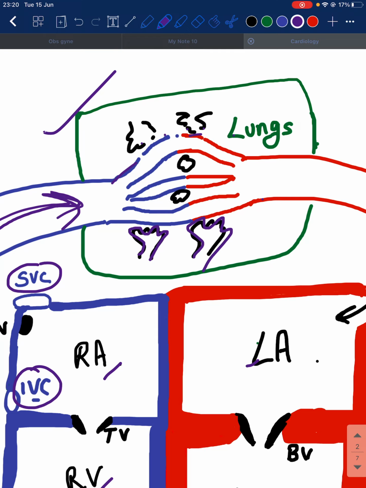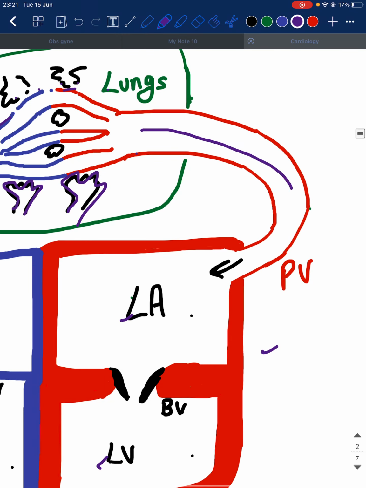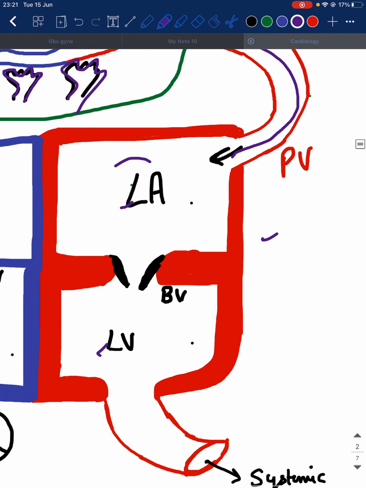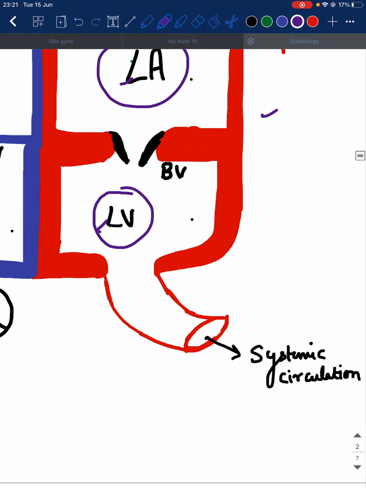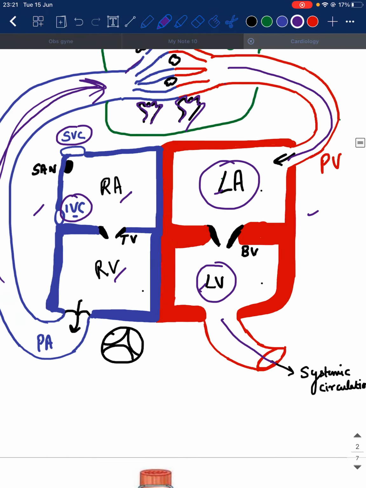When the oxygenation has completed, the blood now comes into the left atrium through the pulmonary vein. Now from the left atrium the blood goes into the left ventricle, and from the left ventricle the blood goes to the systemic circulation. Very simple. Yeah, correct.